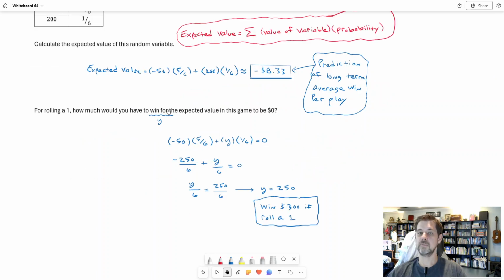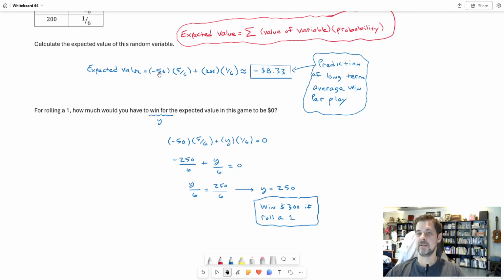Okay, here's how we would phrase this question and set up an equation. So I already know that the loss is settled at -50, and I'm trying to figure out how much I would have to win for the long-term expected value to be break even, 0. If it was negative, it's a long-term loss. If it was positive, that'd be a long-term win.